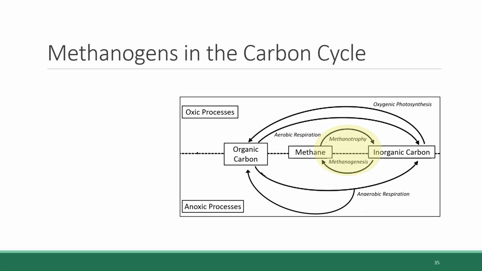At the same time, there are other microbes that are able to use methane, the product of methanogenesis, as a source of nutrition, and these methanotrophs, as they are called, will convert the methane back into CO2.